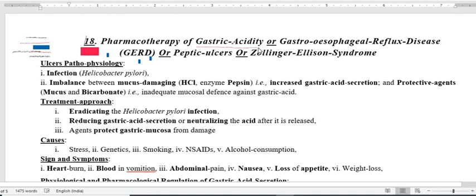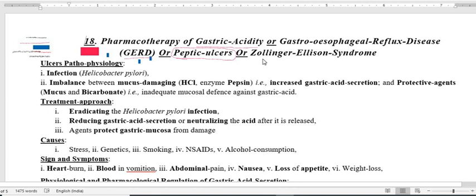So, pharmacotherapy of gastric acidity, or the drugs we have to use for the therapy of the condition that we call GERD, gastroesophageal reflux disease, or the drugs used to treat ulcer, particularly peptic ulcer, and also a condition in which the amount of acid secreted is very high, and the name of the syndrome is Zollinger-Ellison syndrome.